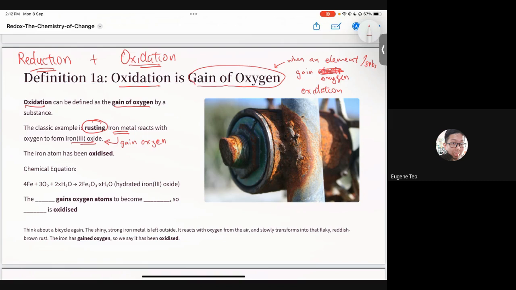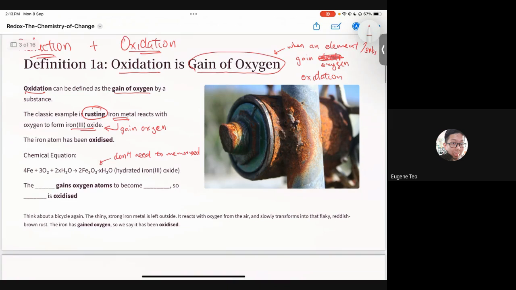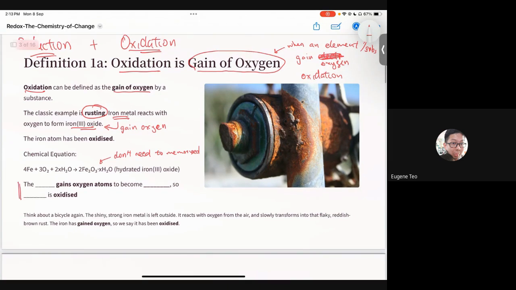Now this is the equation. Do take note, you don't need to memorize this equation. Now this is the start of one of your standard template statements. How do you write in terms of oxidation, explaining what has been oxidized? You know that iron has been oxidized because iron gained oxygen, right?